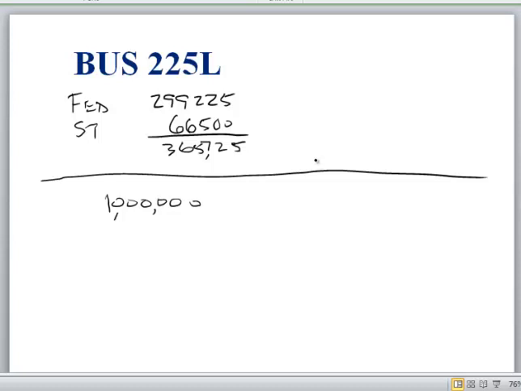We're going to start with a number in mind, and we're going to reconcile to what our answer is. $350,000. And then we're going to get to 365,725 unless things go south on us. So how do we get there?